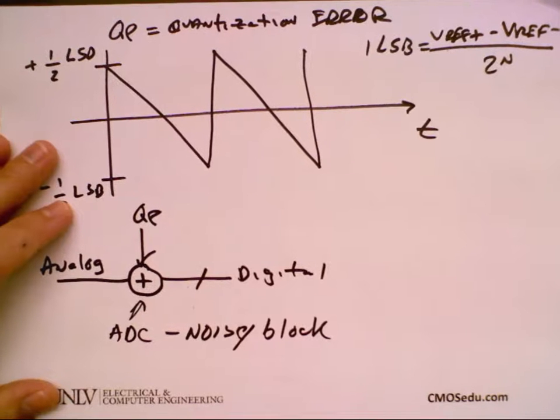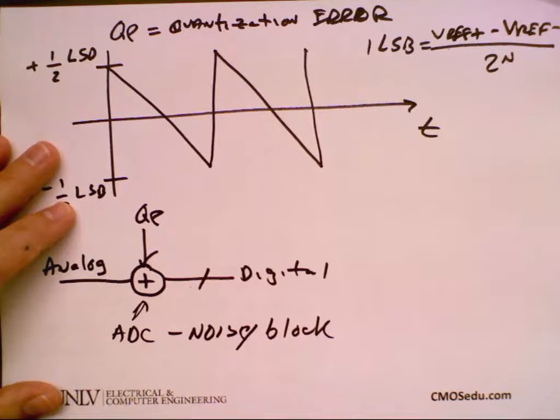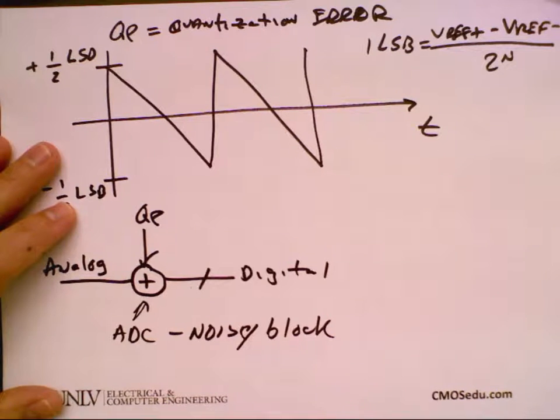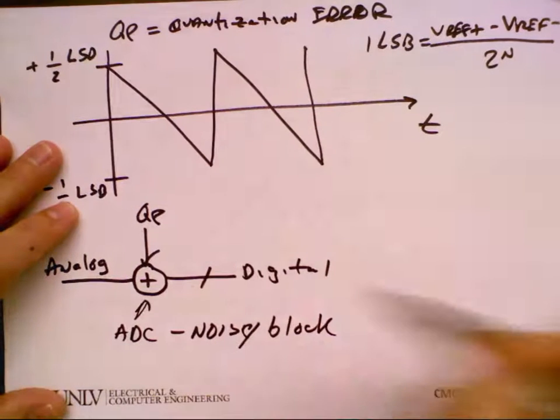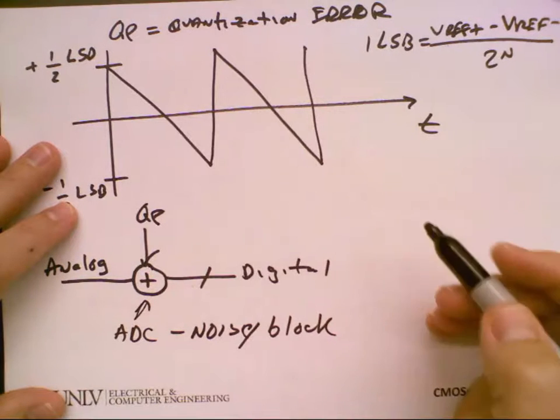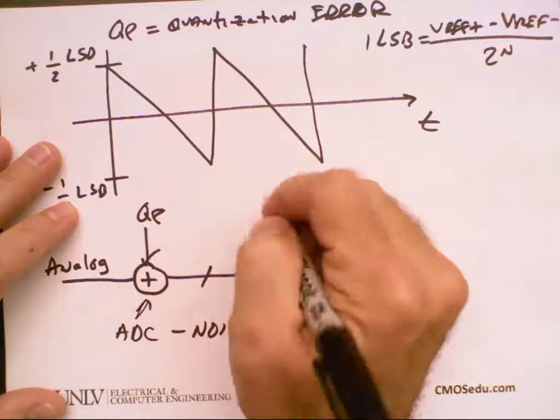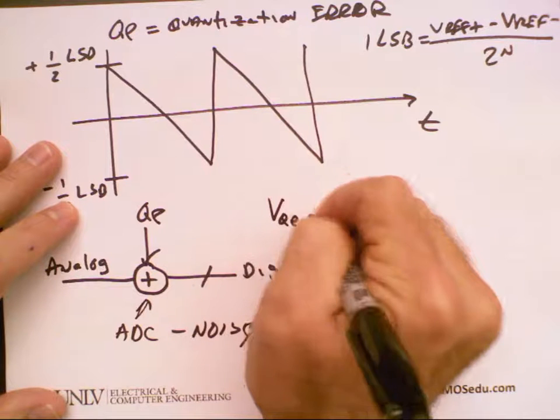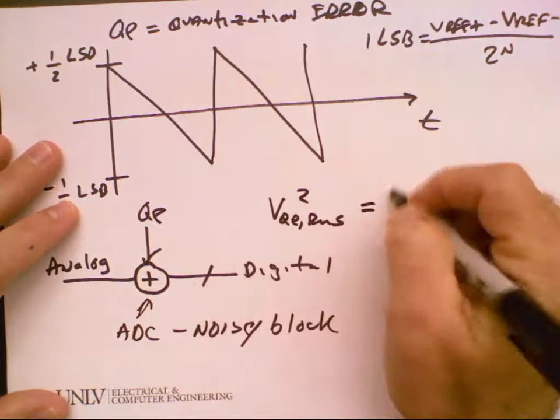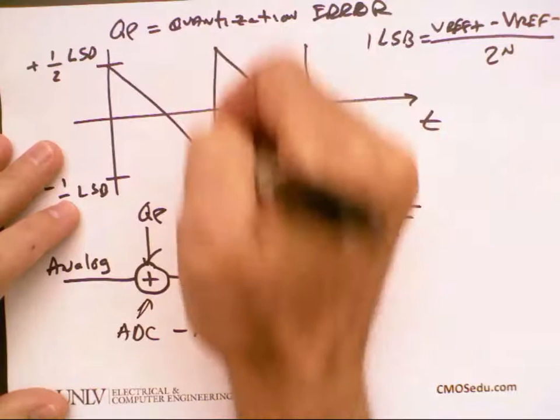Now, I'm going to determine the RMS value, but that doesn't tell me anything about the spectral characteristics of the quantization noise. But let's determine the RMS value of this, and from circuits 1 or maybe circuits 2, what we can do is call the mean squared quantization error, which would be the RMS value squared, the average over this period t.